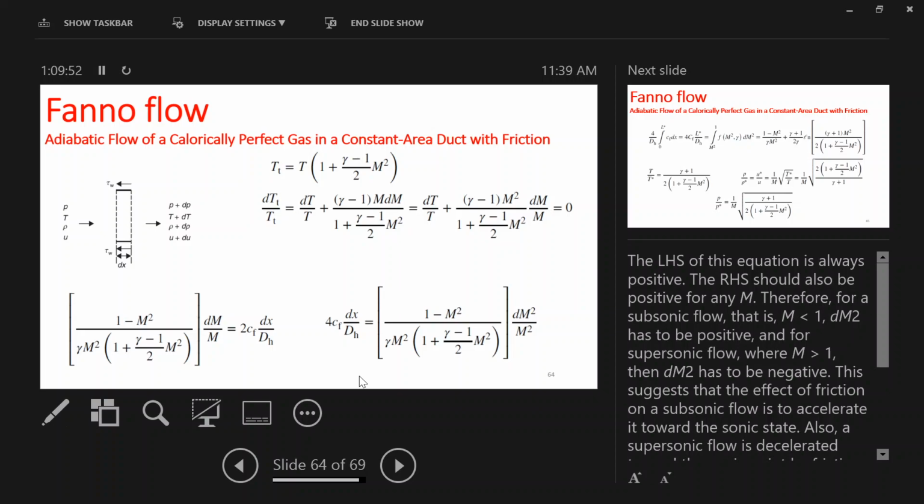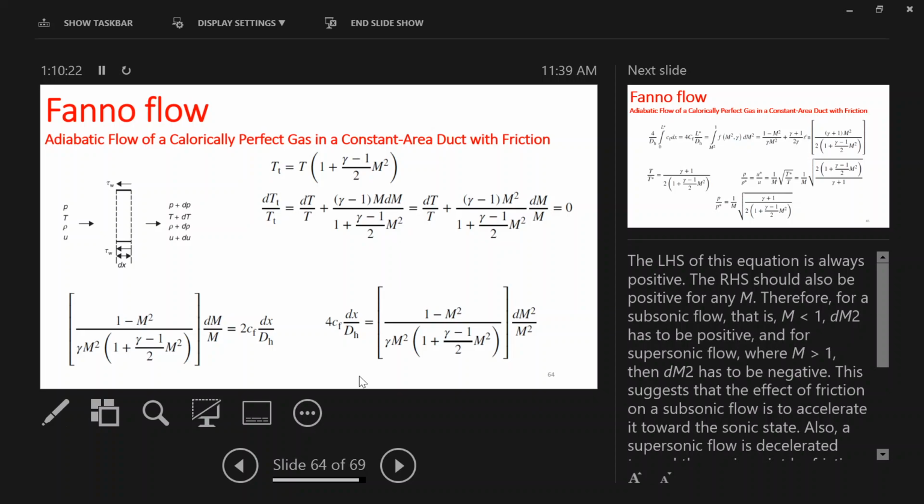So in order to find a solution to that integral, we are going to find a relationship between temperature and the Mach number, right? We have the ratio of the total temperature to the static temperature. We have seen this relationship many times by now, right? The total temperature is equal to T times 1 plus gamma minus 1 over 2 M squared, right?